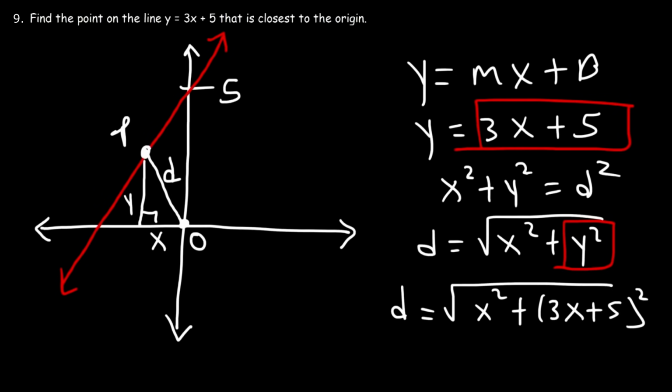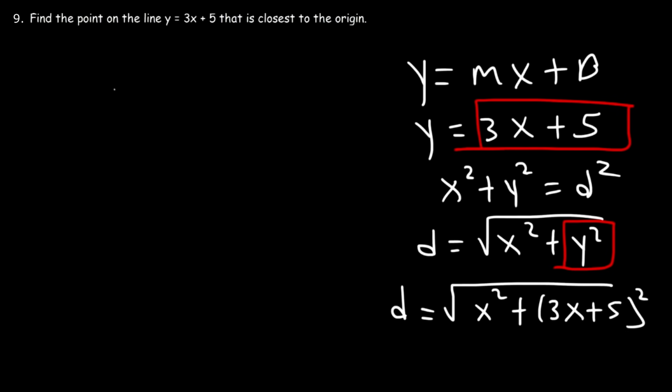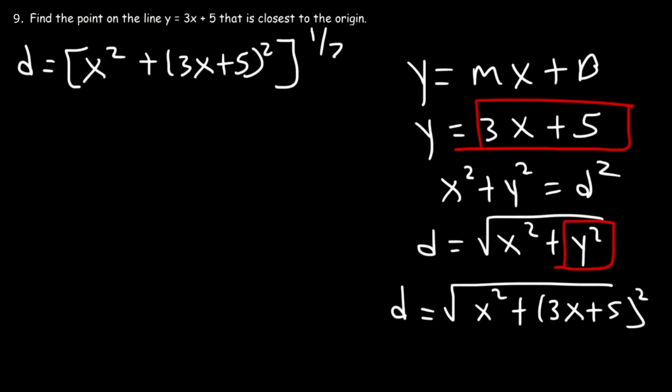Now we need to find the first derivative of that function. So I'm going to rewrite it first. So let's rewrite it as this expression, and let's raise it to the 1/2.